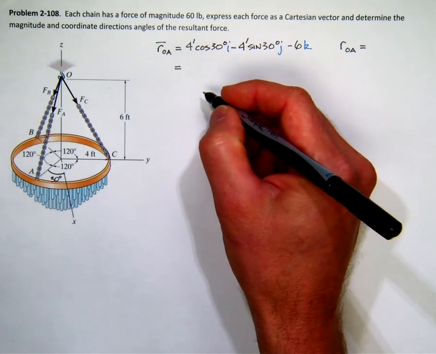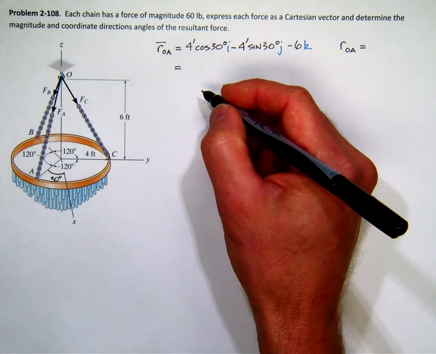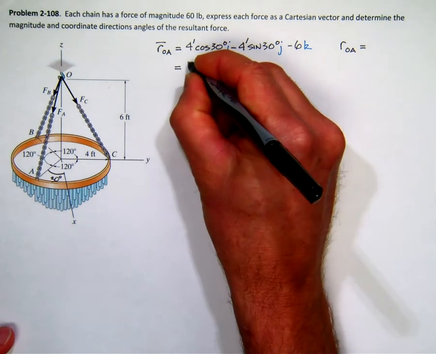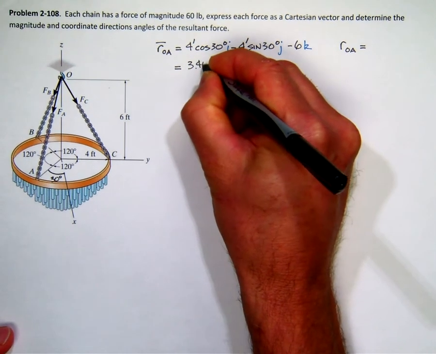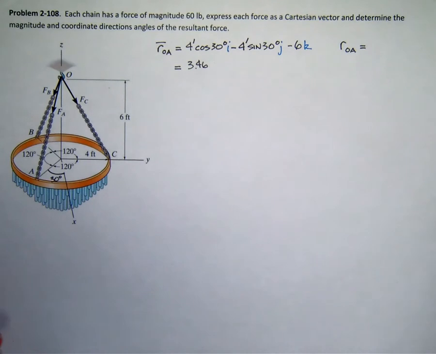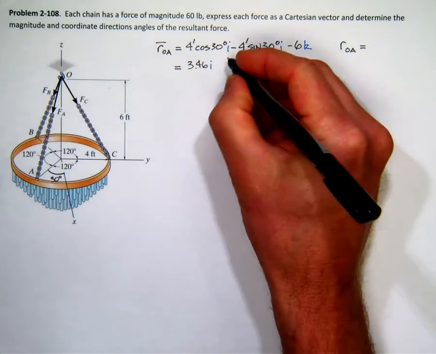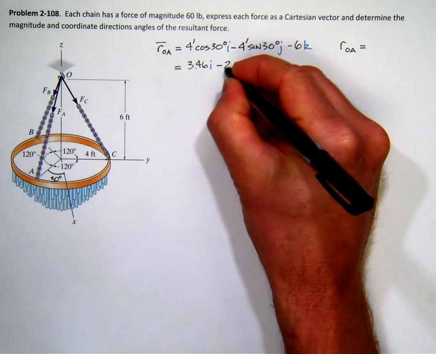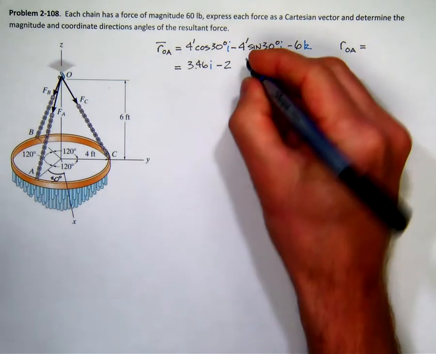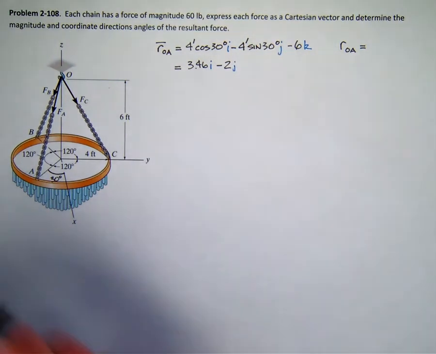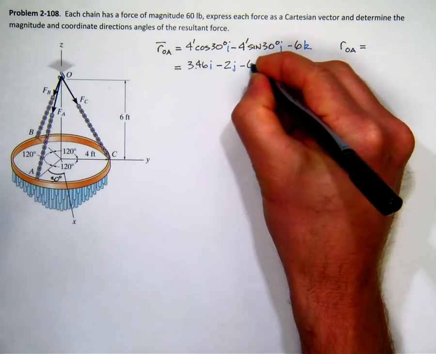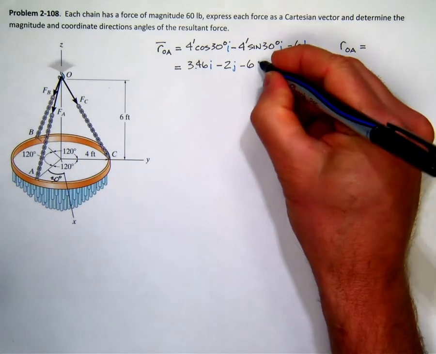Should be something like 3 point something? 3.46. And that's i. And then this is going to be minus 2, right? j. And then minus 6k. You guys get that?